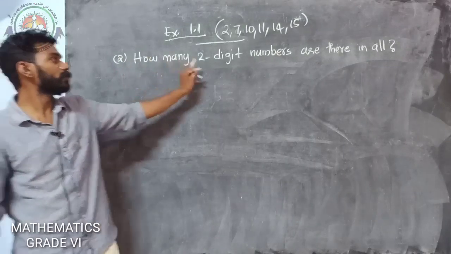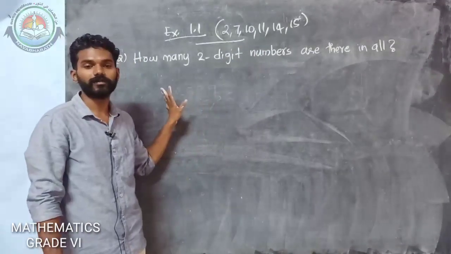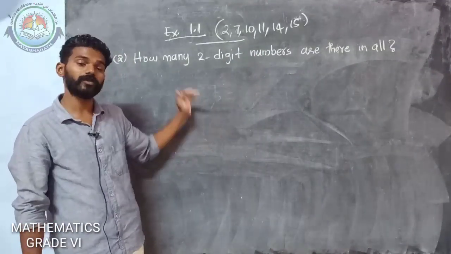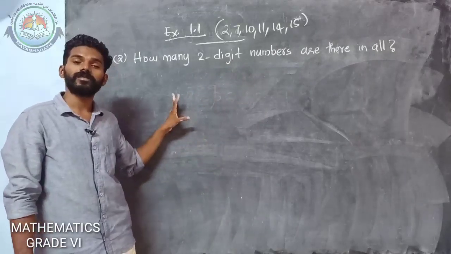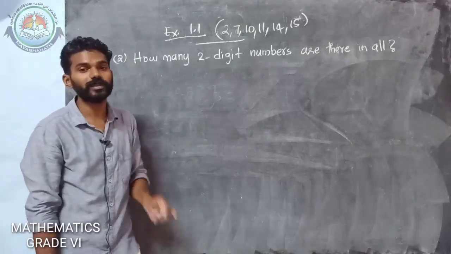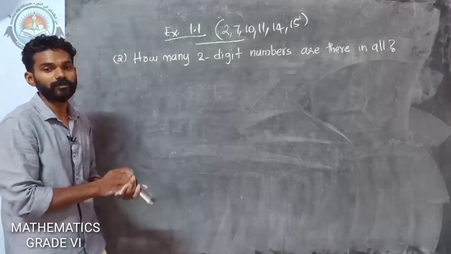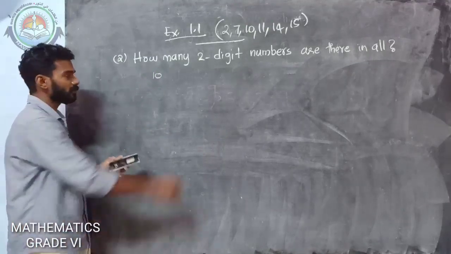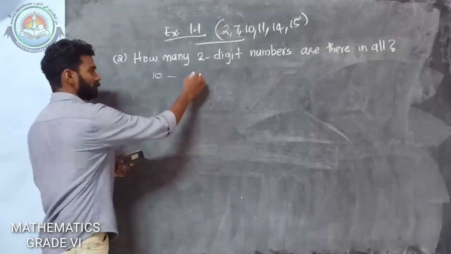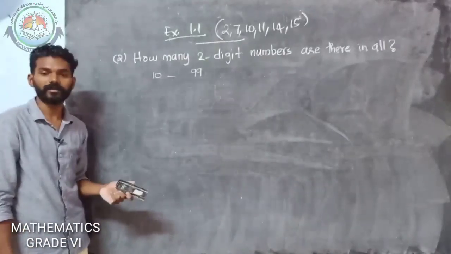How many two-digit numbers are there in all? How many two-digit numbers are there in total? Do you know where a two-digit number begins? A two-digit number begins from 10. And the greatest two-digit number is 99.